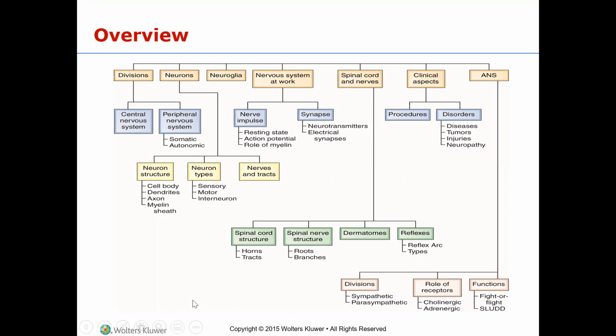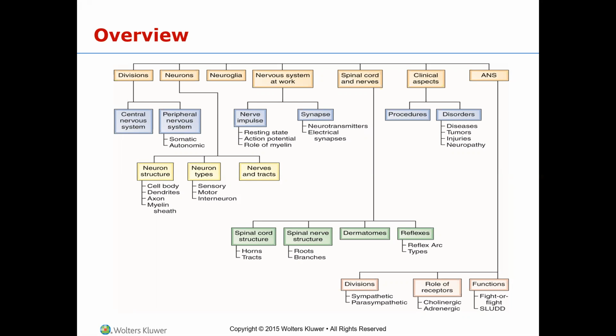You will need to know the divisions of the nervous system as well as the structure, and in terms of neurons and neuroglia and how the nervous system works, and the anatomy of neurons and the nerves themselves. But in terms of how a cell or a neuron has the propagation of a nerve impulse, I'm not having you be responsible for that.